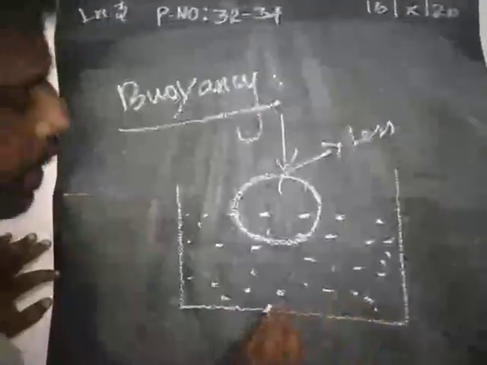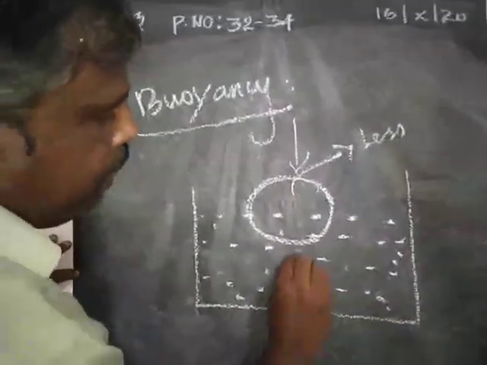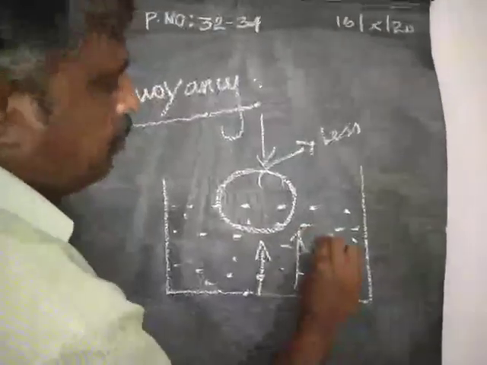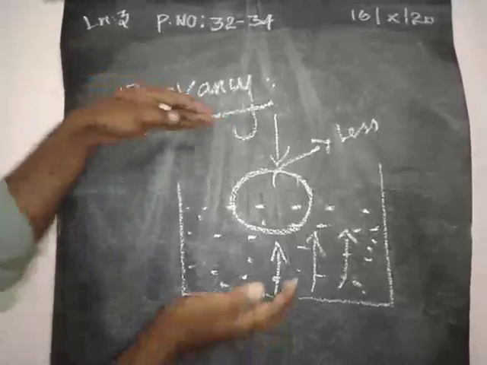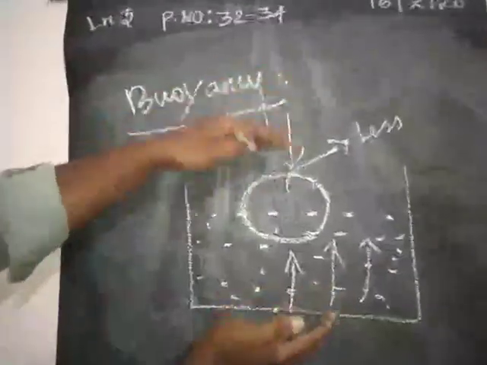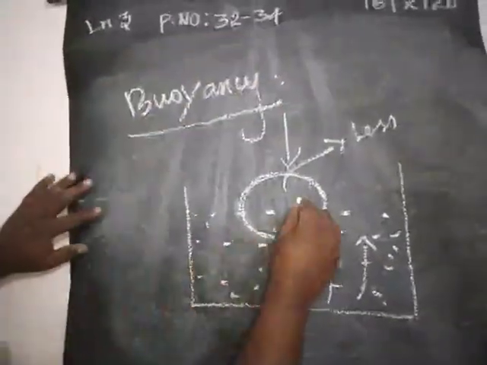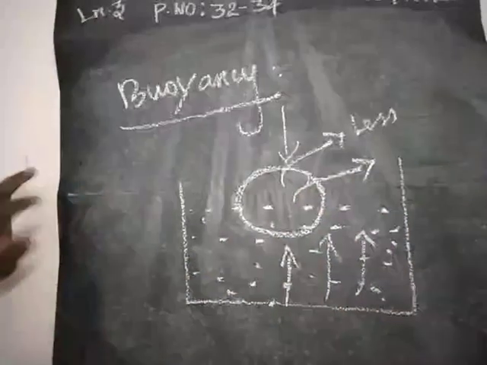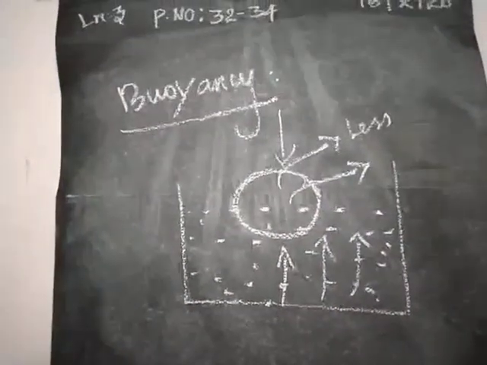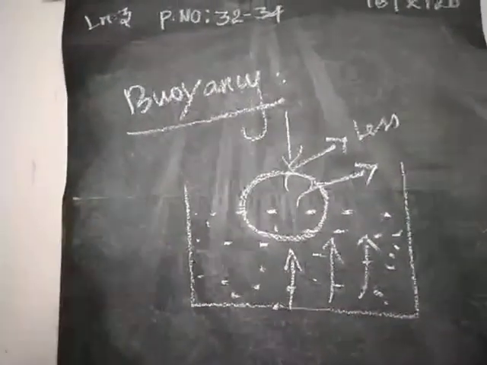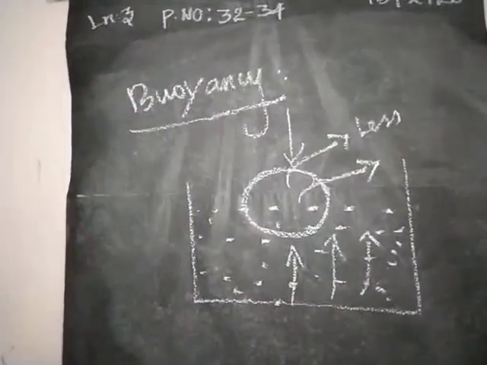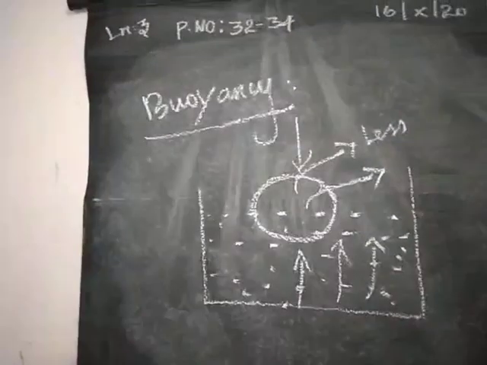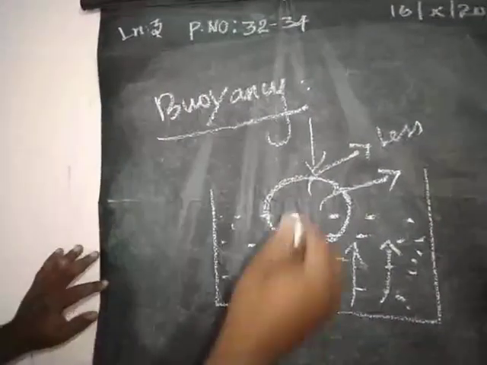Not upward, downward. Here the water's force acts in which direction? Upward. The difference between these two forces is called what? Buoyant force. That force is called buoyant force.